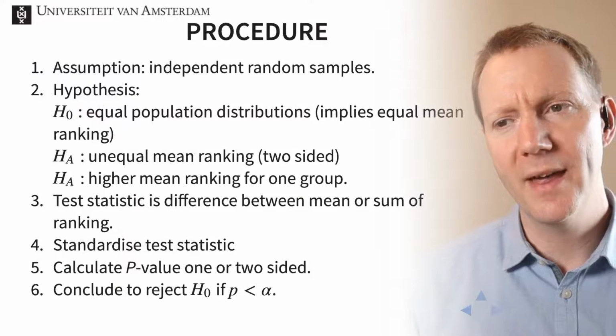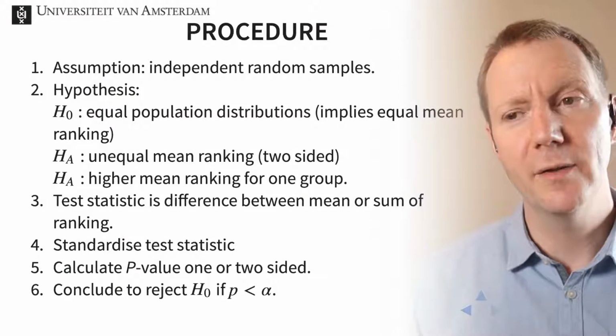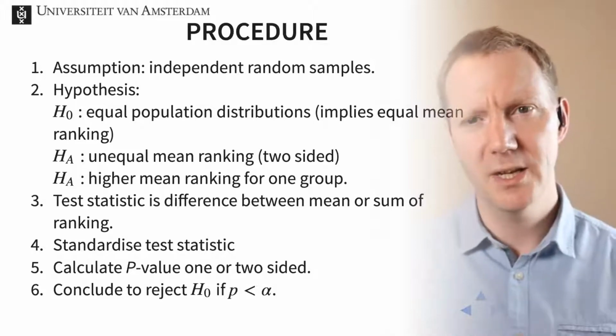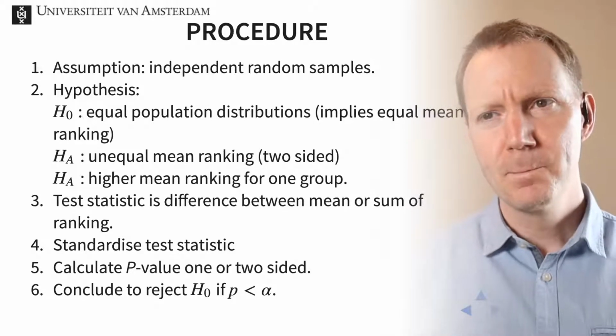We can create that, and if we can do that, that means that we can compare our found test statistic, and we can calculate the probability of that specific test statistic, or more extreme, given that this null distribution is true. So essentially calculating the p-value, and then we check if this p-value is smaller than our chosen alpha level. So that is essentially the order in which we go through these steps. Does that make sense?